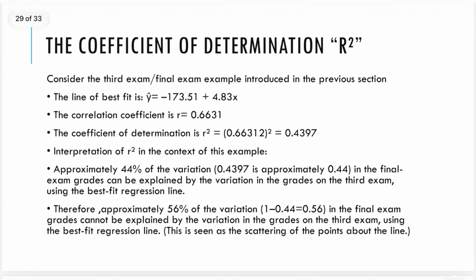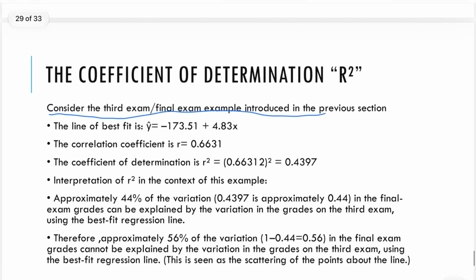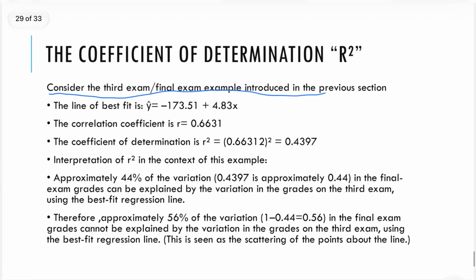So again, when we consider an example where we have the line, this is our line of best fit. Now the correlation coefficient is positive. That's great, we have a positive slope, so we know that's right. The coefficient of determination is the square of the correlation coefficient, so we get that number here. And we interpret the coefficient of determination as follows.